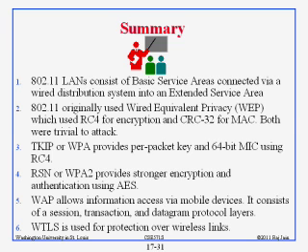TKIP provides a 64-bit MAC rather than a 32-bit CRC, and it uses the same RC4 with a 128-bit key. But it is a per-packet key, whereas WEP used a shared key. That is the difference. In the case of WPA2, it is hardware, and therefore we can use AES encryption.